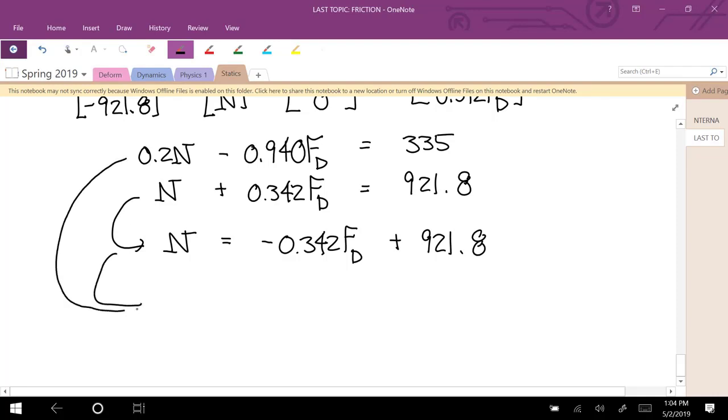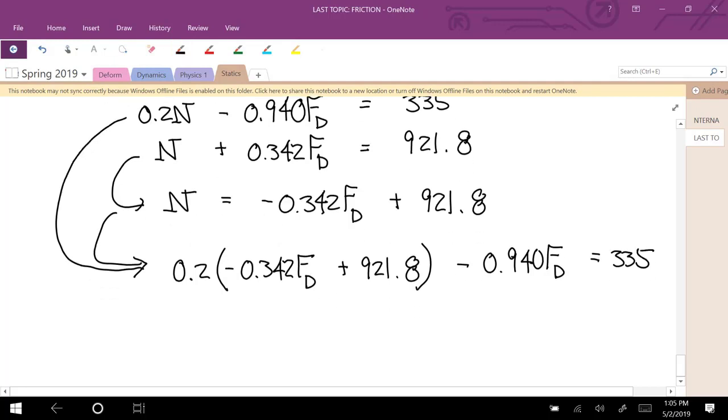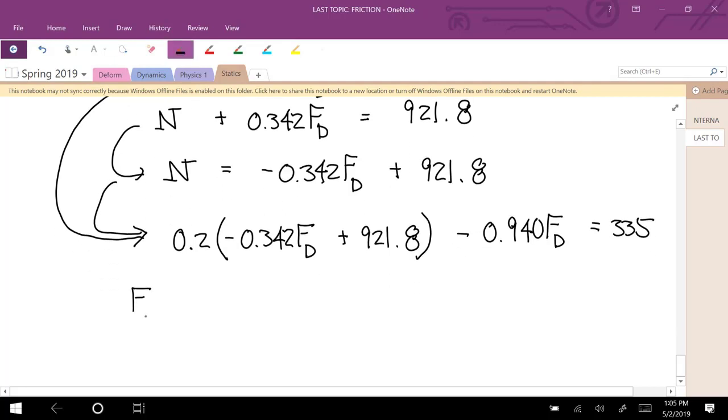And then substitute that into the first equation, and you get that 0.2 times the quantity negative 0.342 FD plus 921.8, minus 0.940 FD, is equal to 335. Can someone do the algebra of that and calculate FD for me?